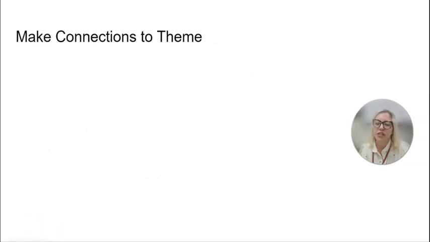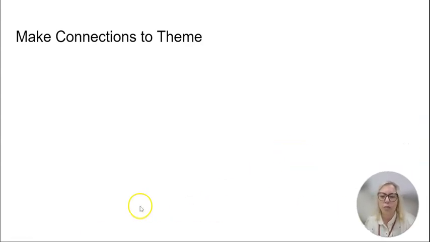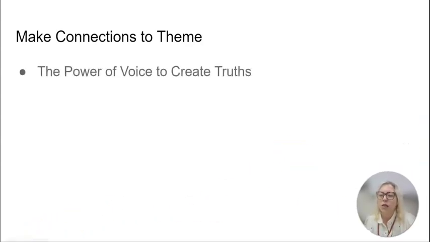All right, then we need to think about our connections to theme, right? So the first theme that we're tracing is the power of voice to create truths. So her story that she's telling us is from her voice. And so she's creating these truths for us. She is telling us, she's choosing what to tell us.